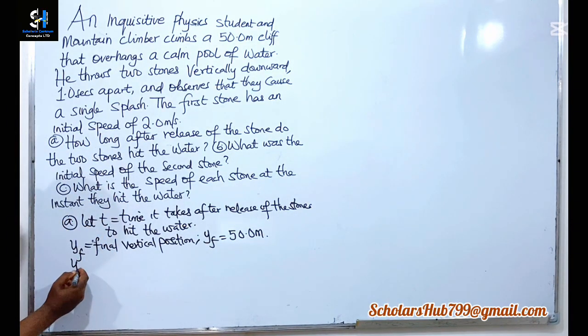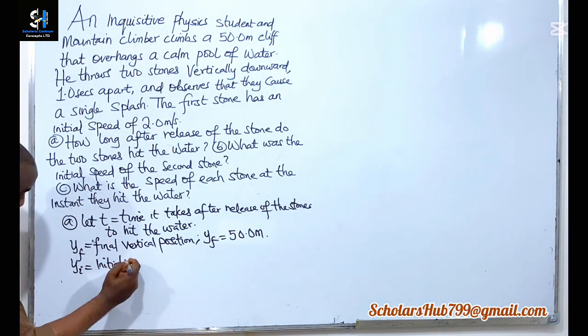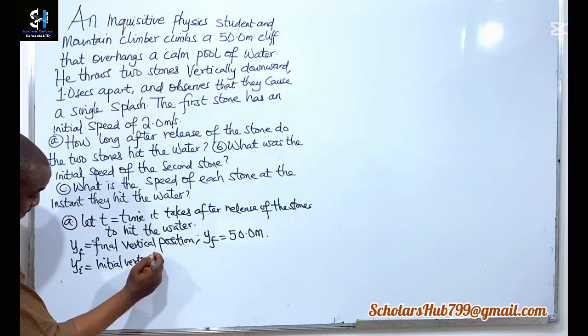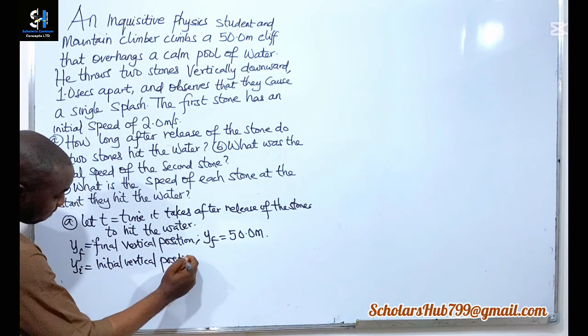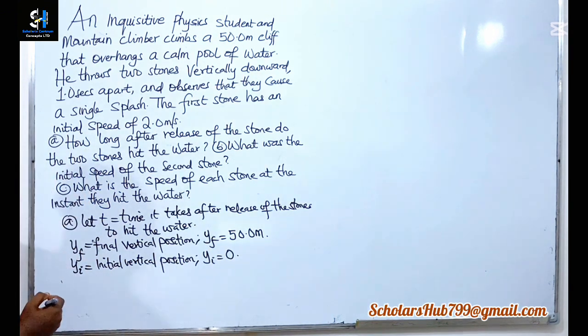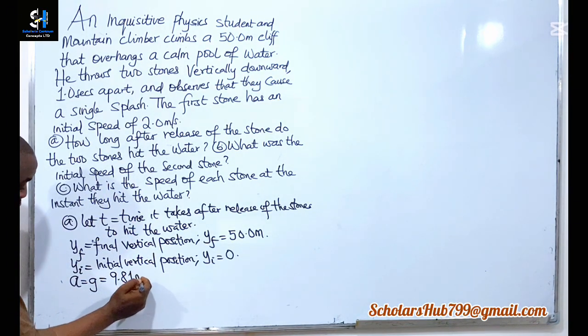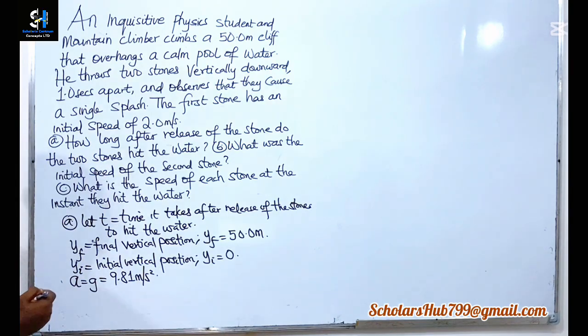But it is important for us to note that the initial vertical position will be equal to 0. Now acceleration is equal to free fall acceleration because the motion is downward, so I will take that to be 9.81 meters per second squared.